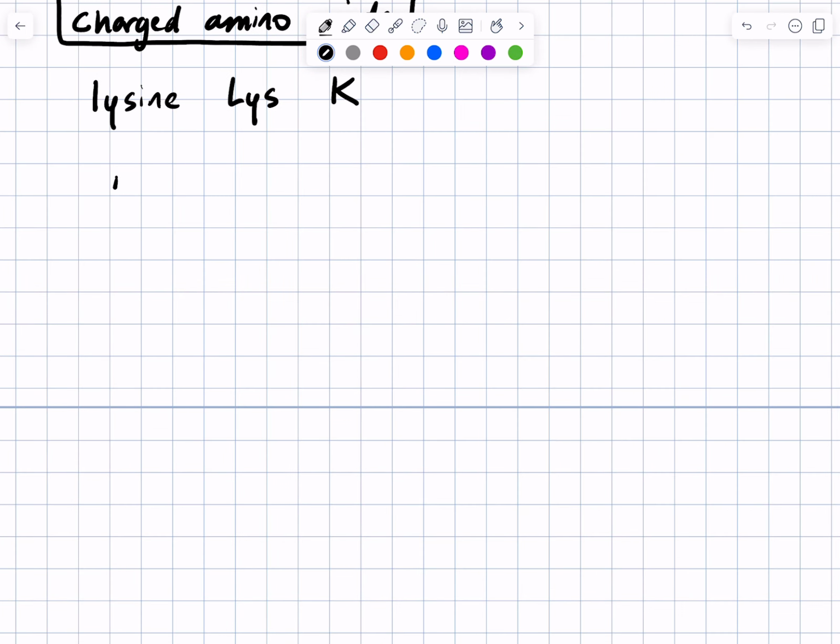Here's lysine. It'll help if you know Greek letters to remember the lysine side chain. The biggest problem here is there's a lot of carbons in it, okay? So the way I remember lysine is alpha carbon, beta, gamma, delta, epsilon, and then an NH3 group.